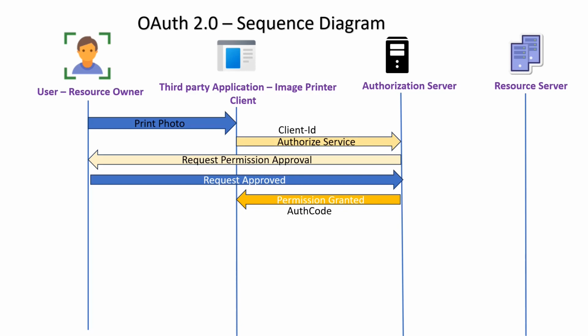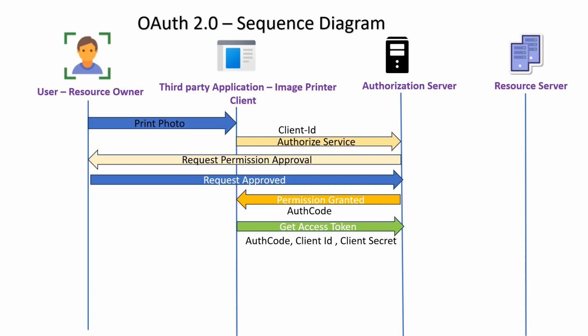Now it will say that the permission is granted, and it will also send an auth code. That auth code will be utilized by the third-party app in the next few steps. Let's see how. Now the third-party application will send a request to the auth server: please send me an access token.